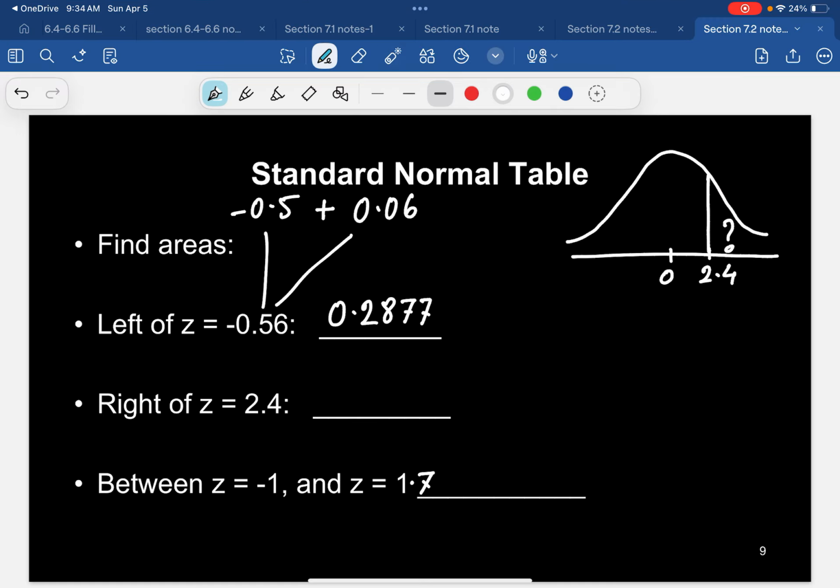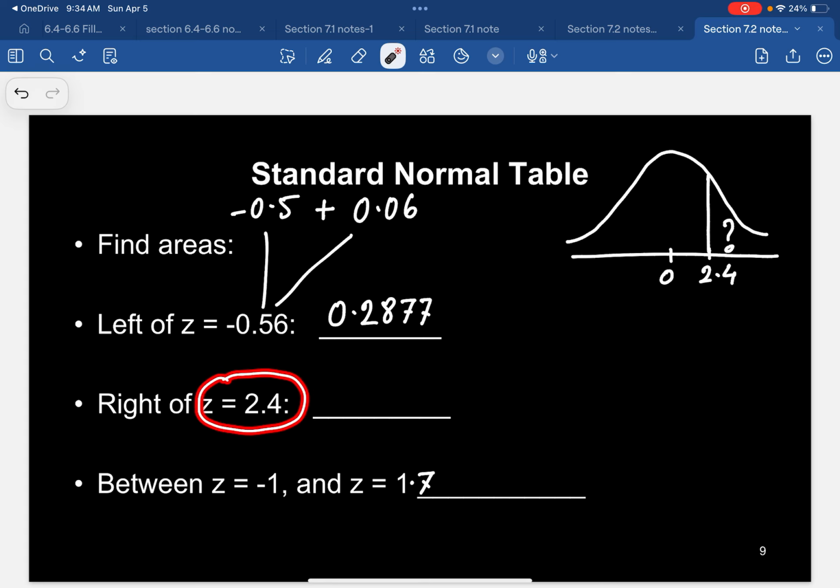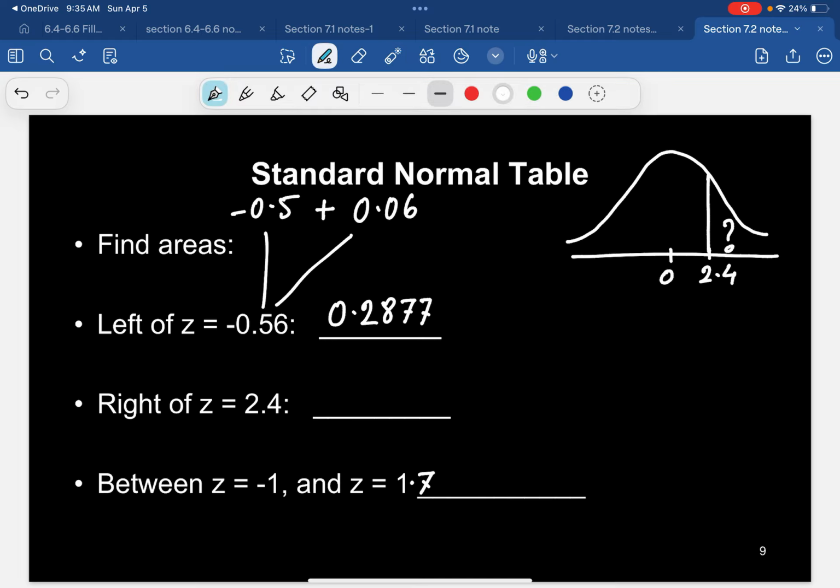Okay, now you go back to the table, search for z equals 2.4, find out the 2.4. What is the area for that? So if I look at the table, the area is going to be 0.9918 from the table.